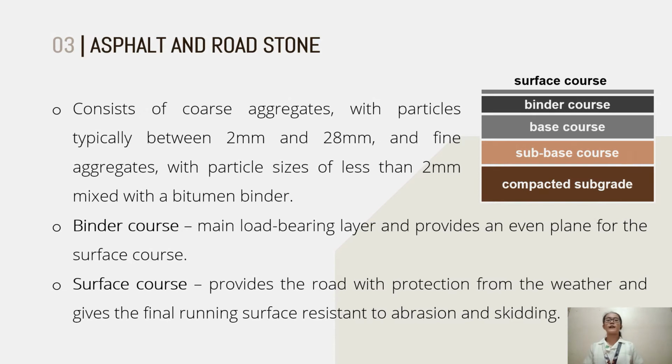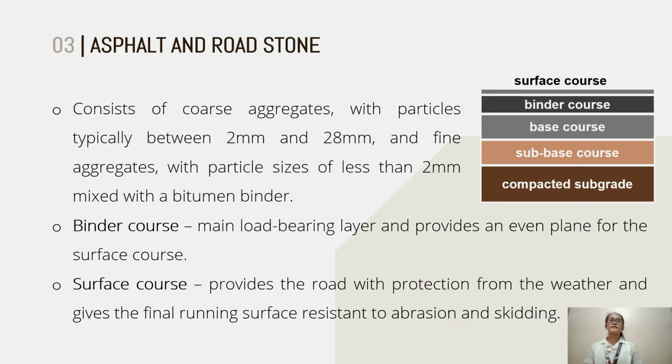Now, here are the layers that we discussed in the previous slide. As we may recall, there is the compacted subgrade, the sub-base course, and above it is the base course. I mentioned a while ago the binder course and the surface course, and now we will be talking about them.